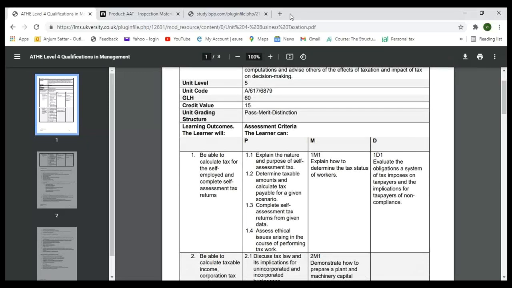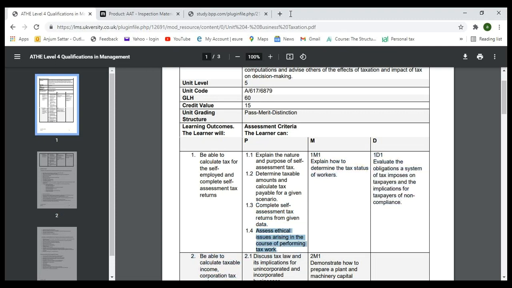Then we have the assessment criteria. We have 1.1: explain the purpose of self-assessment, and determine the taxable amount for a given scenario. So we can pick any scenario of our choice; we've not been given the data here. Then complete the self-assessment and assess the ethical issues.